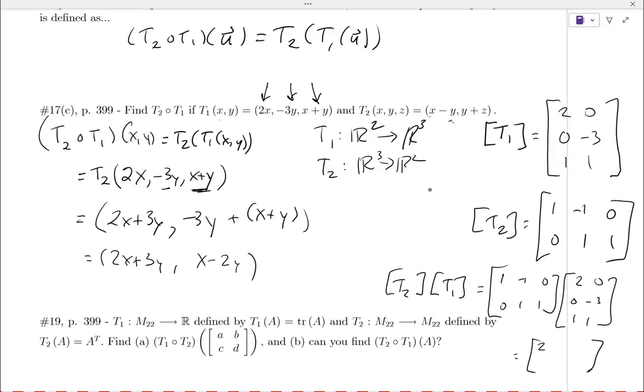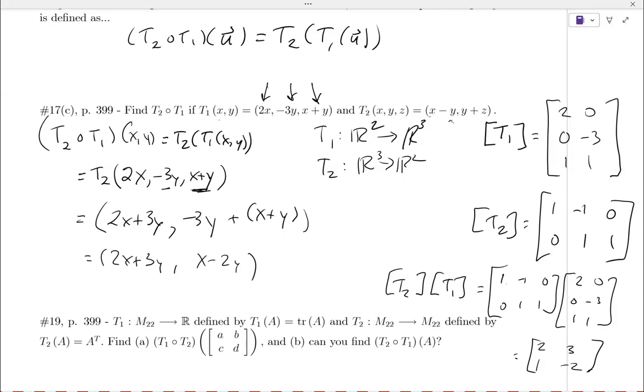Because I get 2 times 1, negative 1 times 0, 0 times 1. Next one is going to be 3, right? Because it'll get 1 times 0, negative 1 times negative 3, and 0 times 1. Lower left, a 1. Lower right, minus 2.